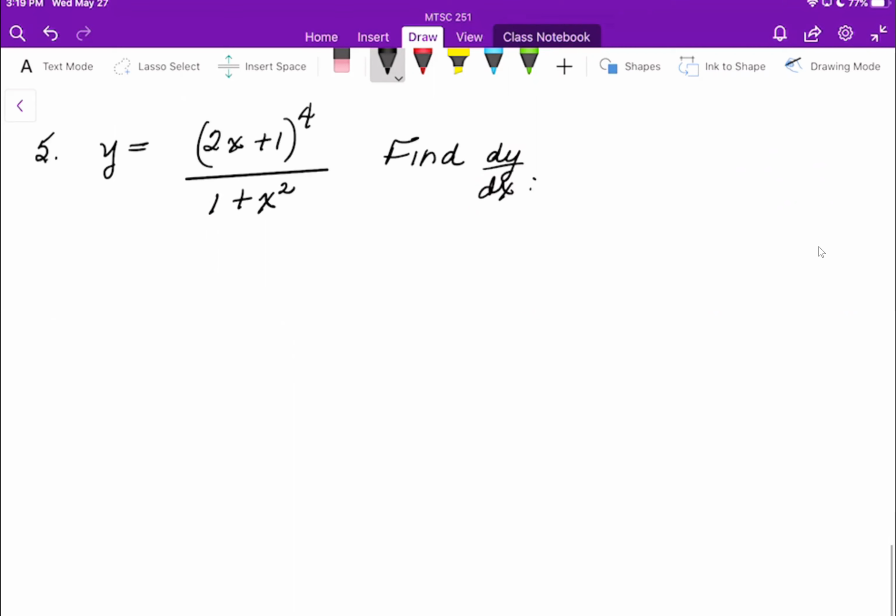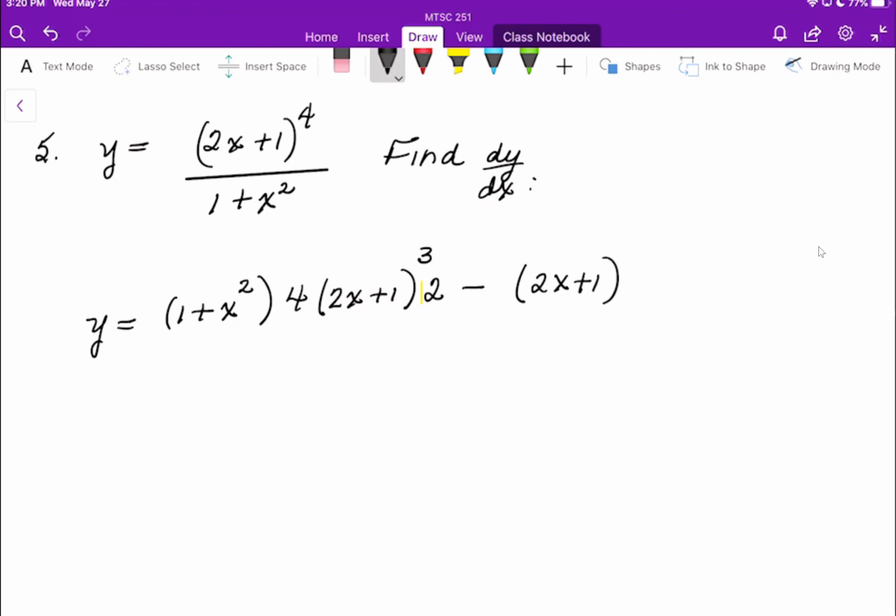So we're going to get y' is the bottom, 1 + x squared, times the derivative of the top. The derivative of the top involves a chain rule, so that's going to give me 4 times (2x + 1) to the 3rd power, but I have to still differentiate what's inside here, so I'm going to multiply by a 2, minus the top, which is (2x + 1) to the 4th power, times the derivative of the bottom, which is 2x.